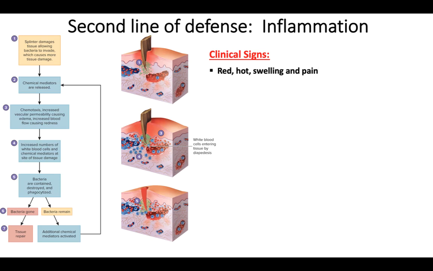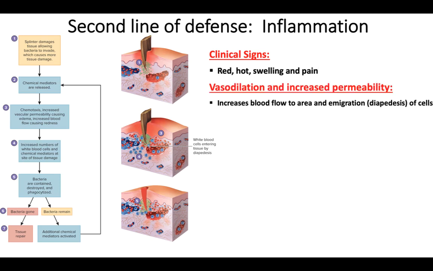What causes this process are what's called inflammatory or pro-inflammatory chemicals. When you get this tissue damage, the cells of your tissue release chemicals. Right here in this figure it says chemical mediators are released. So tissue damage releases chemicals. And these chemicals are going to cause vasodilation of blood vessels in the area.